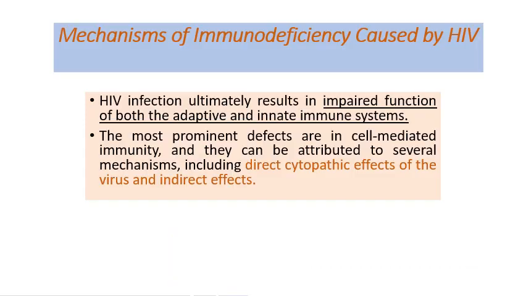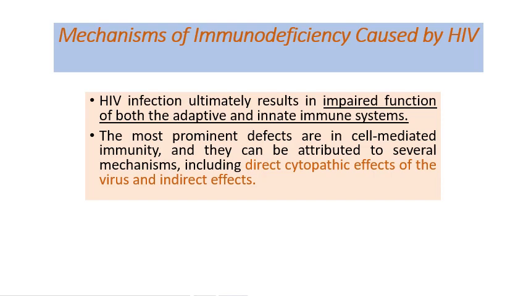Why will infection with the virus ultimately end with AIDS and death? The immune deficiency caused by HIV: HIV infection ultimately results in impaired function of both the adaptive and innate immune system. As we said in the previous slide, there is a reduction in cell-mediated immunity, which is attributed to several mechanisms.